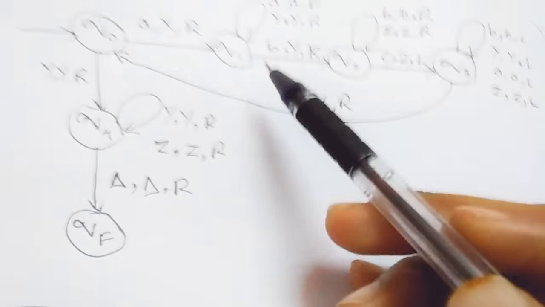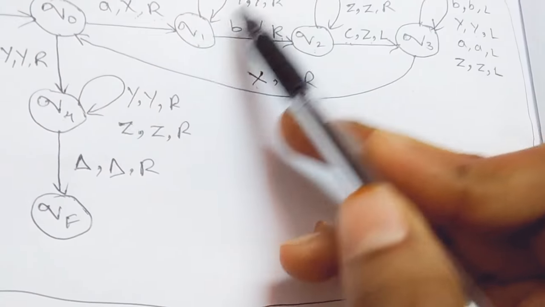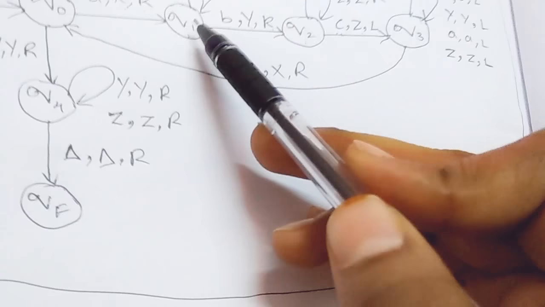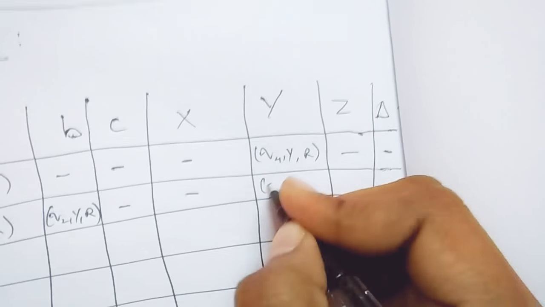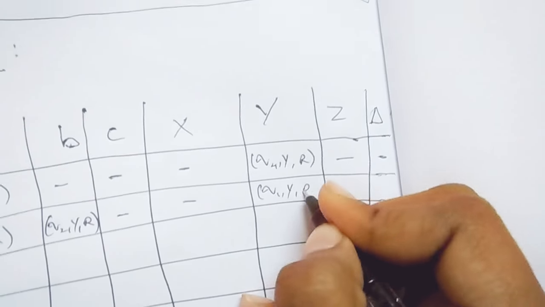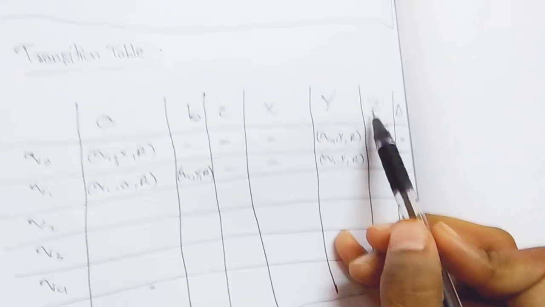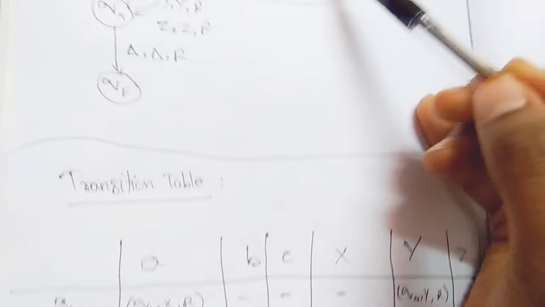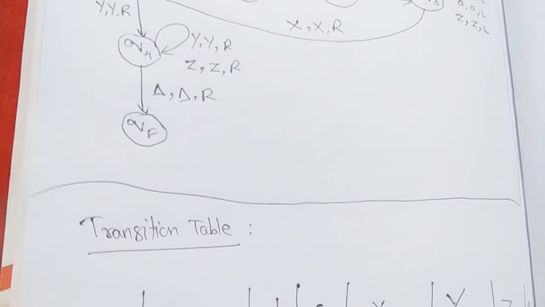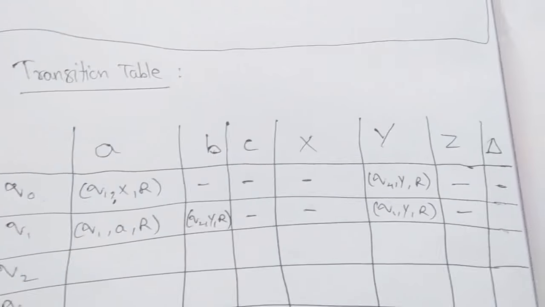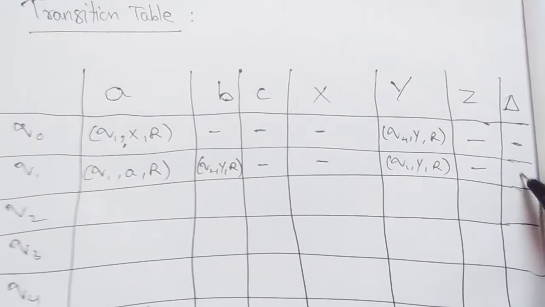Q1 to y, there is q1 itself, therefore q1, y, r. Q1 to z there is nothing, so I'll give a dash here. Q1 to del there is nothing, so I'll give a dash.